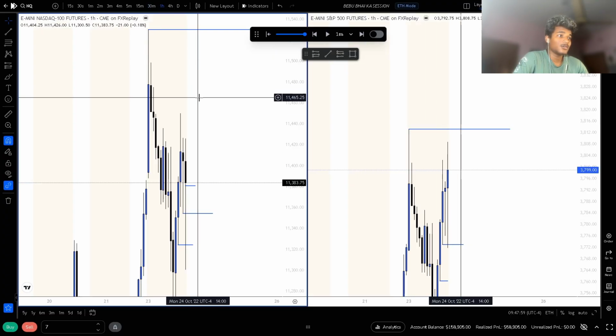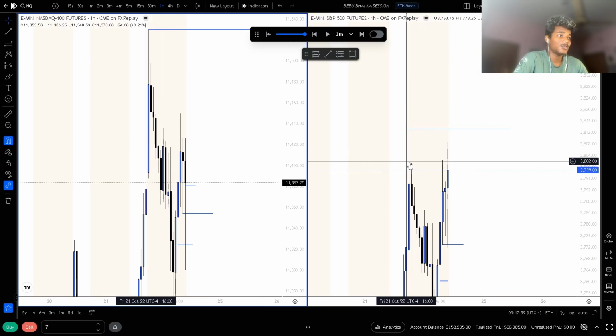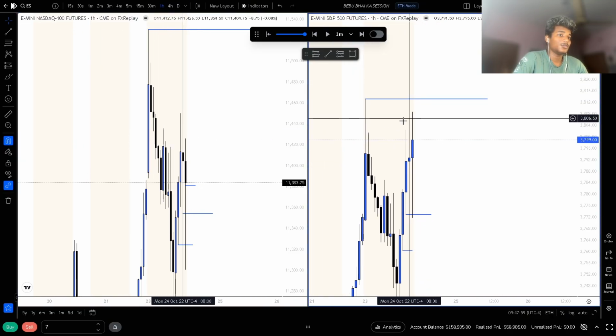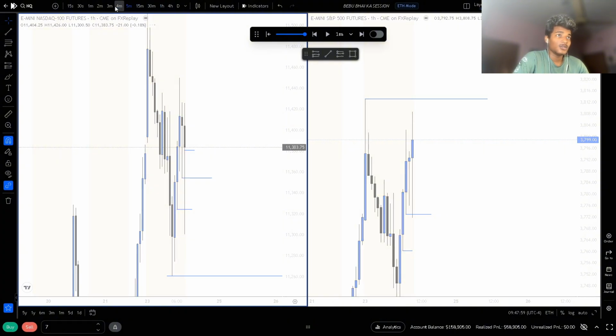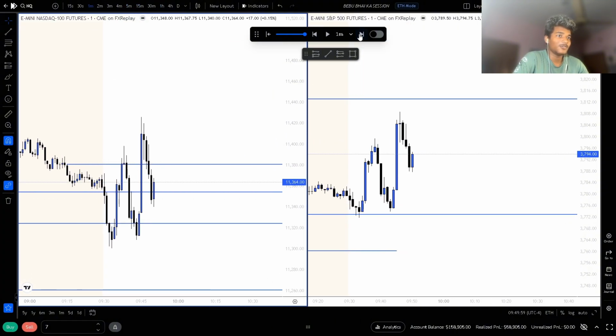In 1 hour we swept out this high and we have shifted bearish now. ES is likely more bullish than NQ. I'm not feeling confident taking anything today.